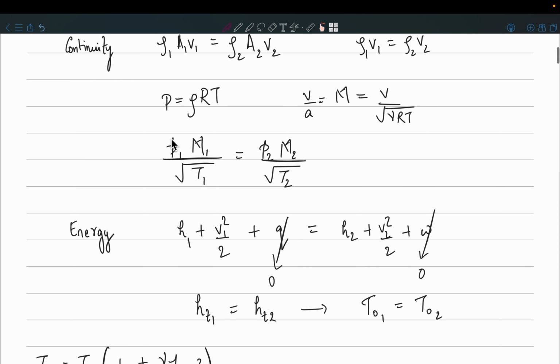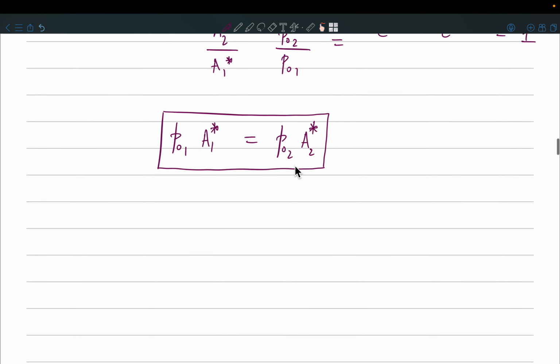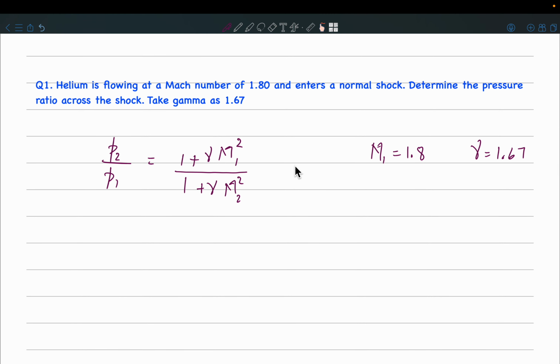So if you put the equation of P2 by P1 and the equation of T2 by T1, both these are functions of M1 and M2, right? So this equation will completely turn out to be a function of M1 and M2. Okay, so do you have the equation? Will you use the equation or will you use gas tables? You can use either of them.